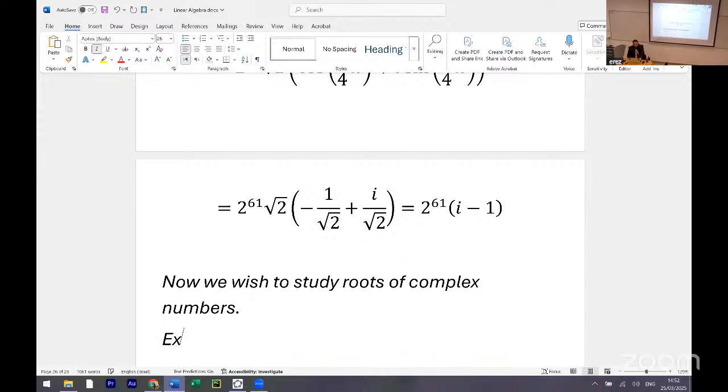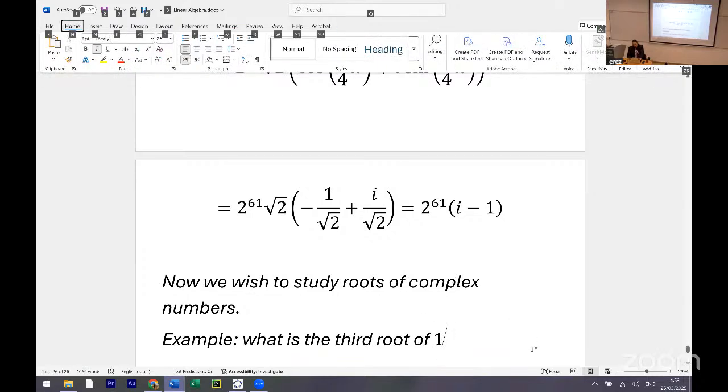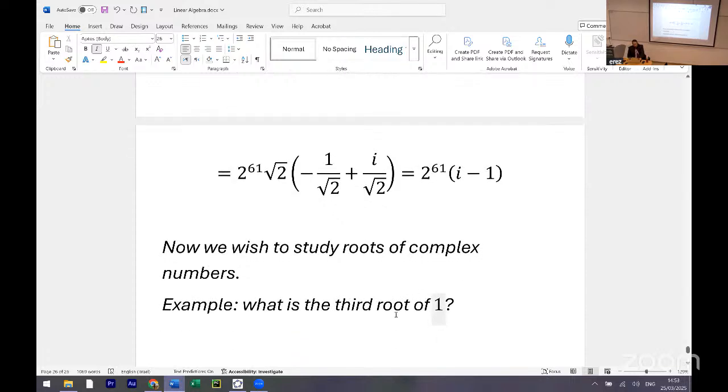For example, what is the third root of 1? What will your answer be? If someone tells you, please find the third root of 1, what would you answer? 1, right? You would say 1.